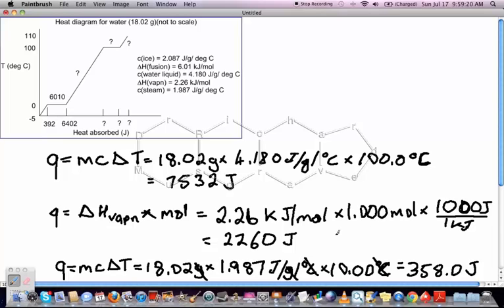So if we were to go ahead now and add up all those values we calculated going from -5 to 110 degrees, it's going to come out to be 16,552 joules, and that would be the total energy required to cause water to go from -5 up to 110 degrees. It includes heating the different phases and the phase changes themselves, the energy that they cost.